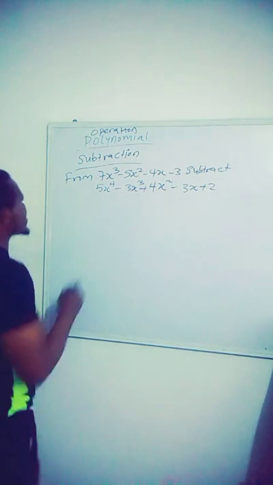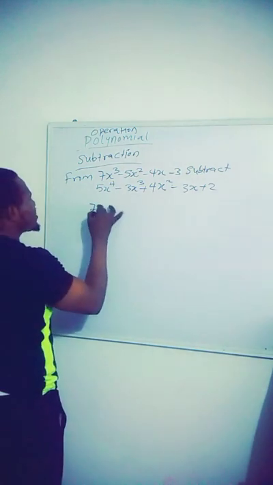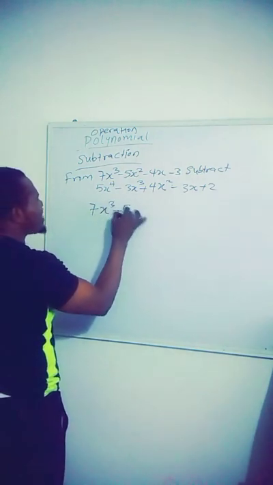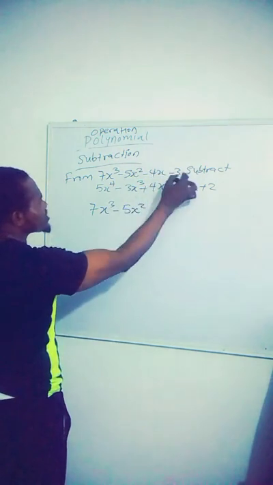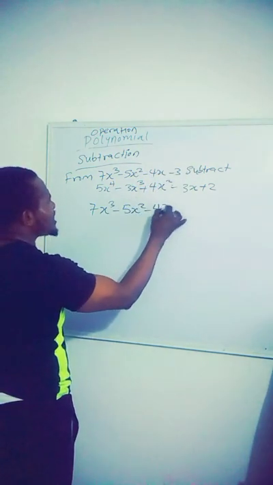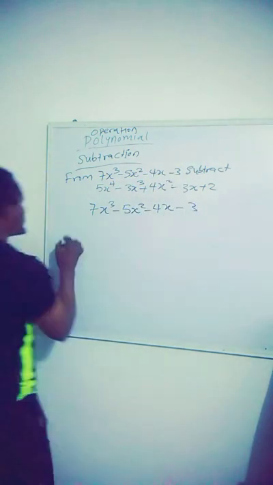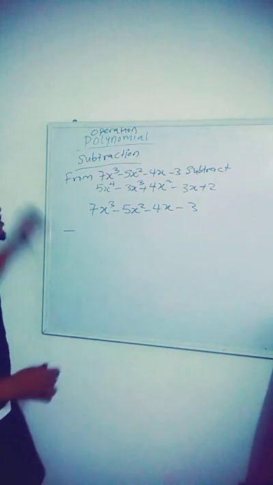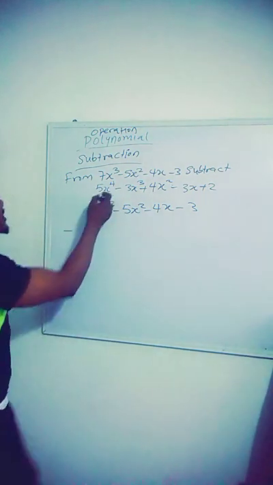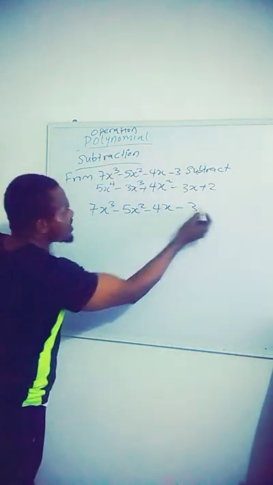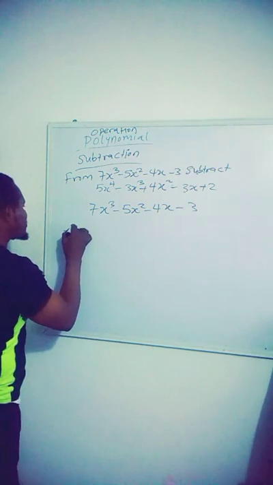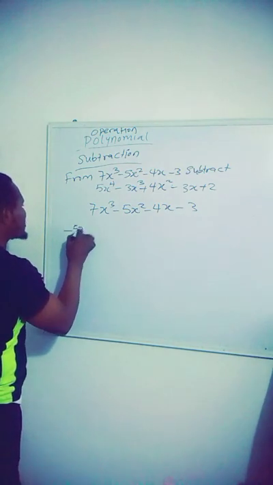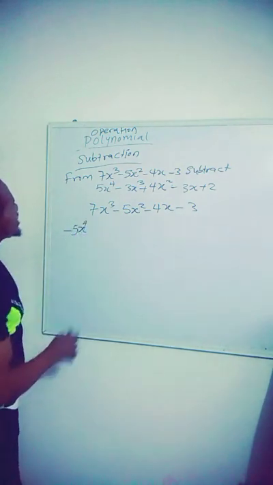So now let's do that here. Which means we are saying that 7x cubed minus 5x squared minus 4x minus 3, I'm writing this question, minus, we are subtracting it. If you look at here, there's no x raised to power 4, so I'll write it separate. That is 5x raised to power 4. Then do we have cube?